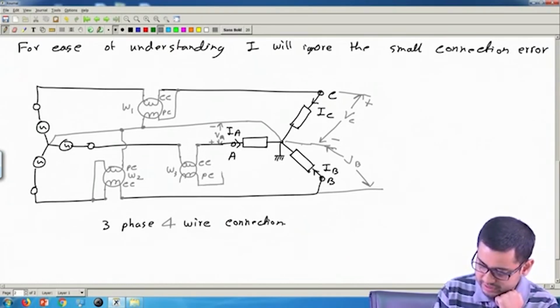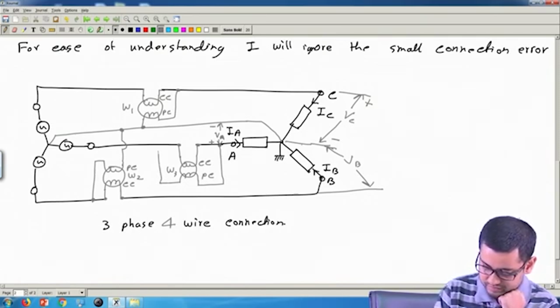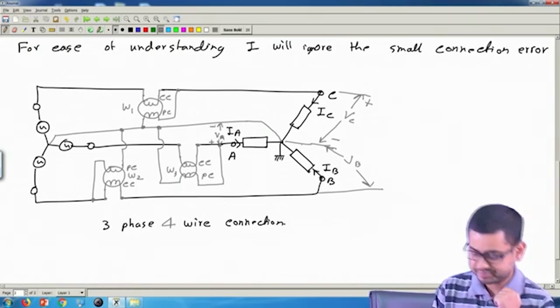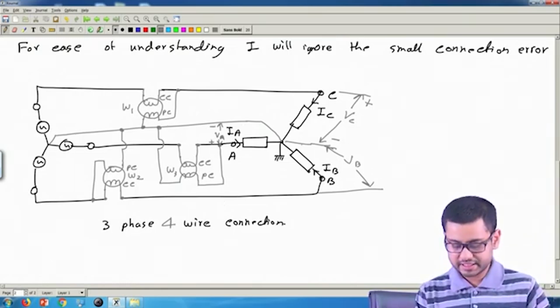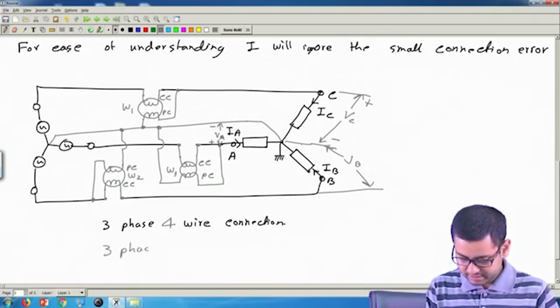So one side to the live, another side to the neutral. Okay, so I can connect it here or maybe here to this neutral side. Okay, this is the neutral line. So this is the three phase 3 wattmeter method.